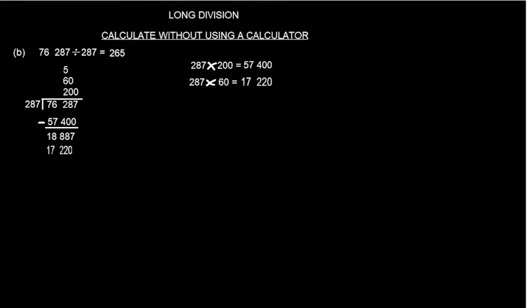Then I'm going to let 17,220 be negative. Then I'm going to subtract. Answer is 1,667. Then I'm going to multiply for the last time.